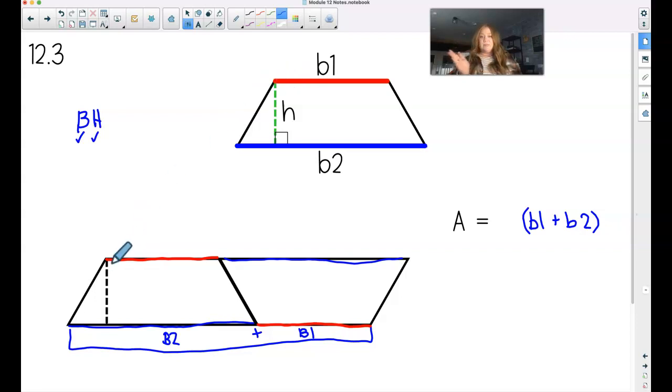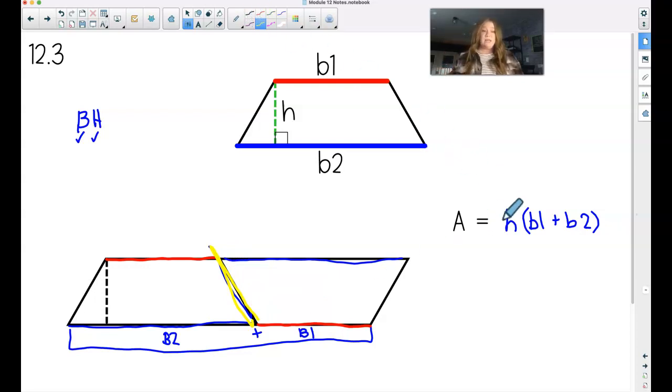The height of this trapezoid is the same height as this parallelogram. So I can just multiply by the height. But once I did that, that was a base and a height. That gave me that entire parallelogram, that whole entire thing. So to get it back to just the trapezoid, what are we going to do? Just kind of like a triangle, we want to cut it in half.